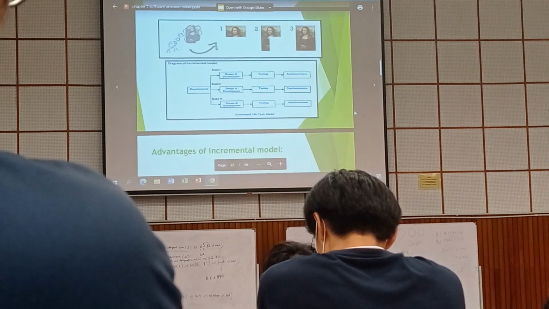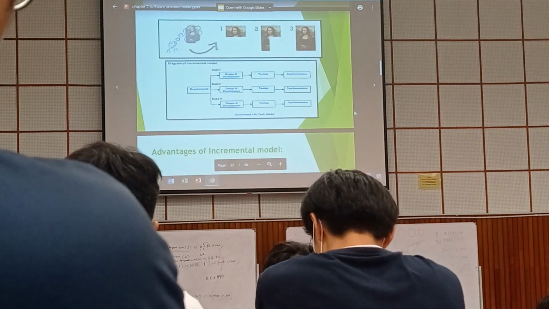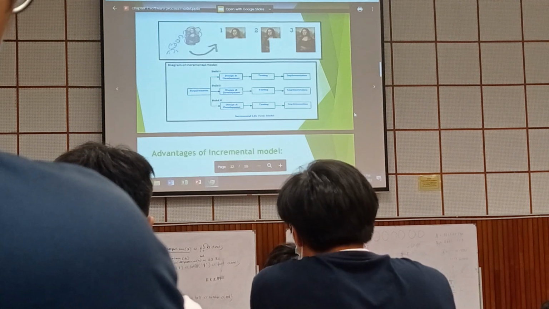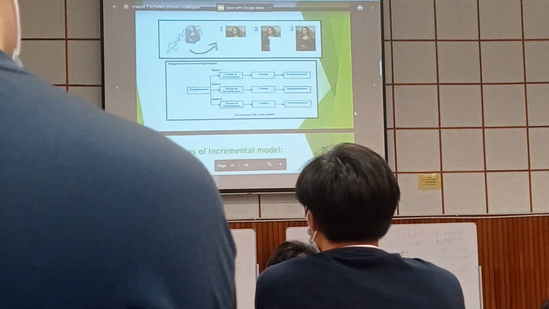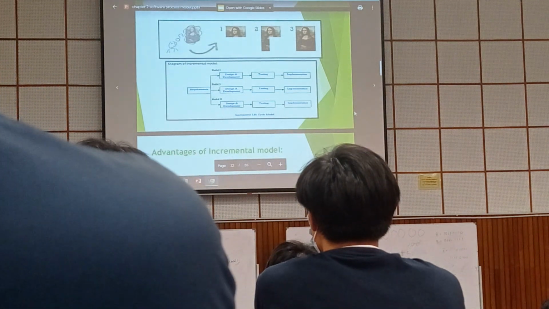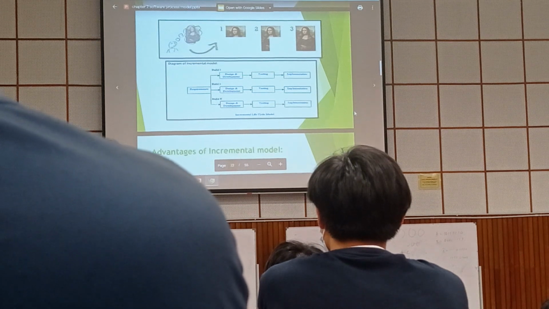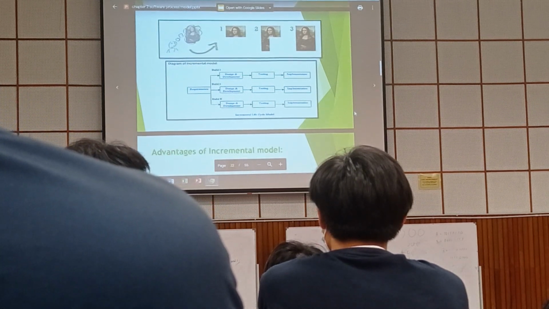Understand? For each portion that you are developing, every time you add a new portion, for that particular portion you need to gather the requirement, design and develop, test, and implement.